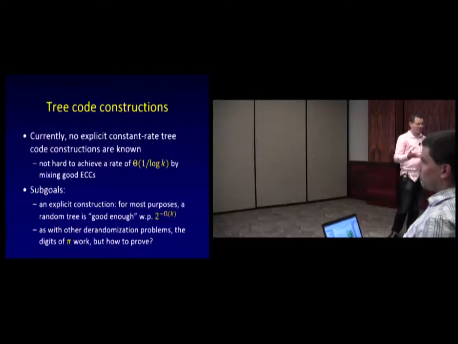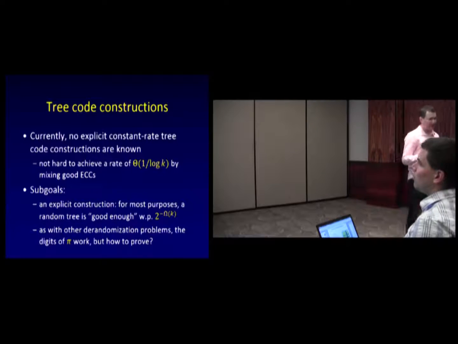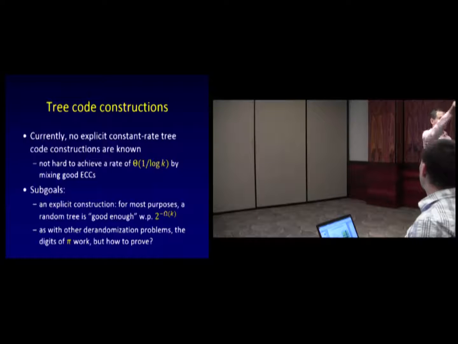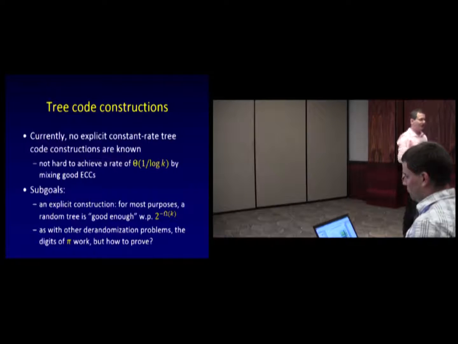If it's not really a tree code, but almost a tree code everywhere, once in a while you'll find yourself unlucky and there'll be a branch where your time will get wasted. But as long as it doesn't happen too often on the same path, it can happen a lot in the tree in different places.